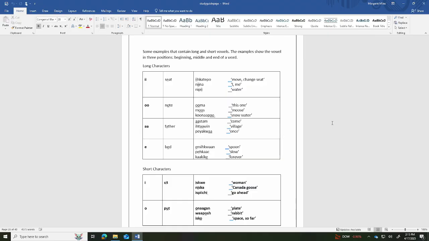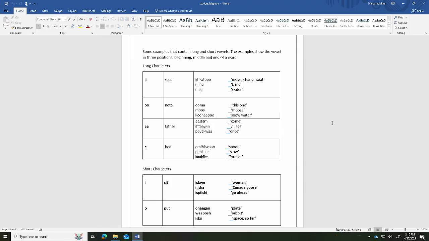The short A sound. Aski. You could hear it at the beginning of the word. Aski, meaning land.